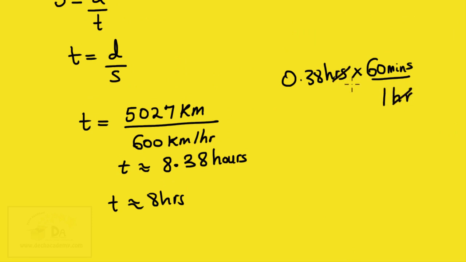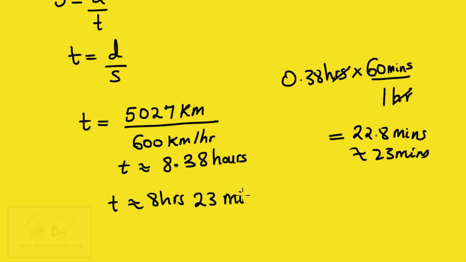So I could do something like this. Essentially 0.38 hours in minutes is given by 0.38 times 60, which is equal to 22.8 minutes. So I'll say that's approximately 23 minutes. So it's 8 hours and 23 minutes approximately. That's the journey time.